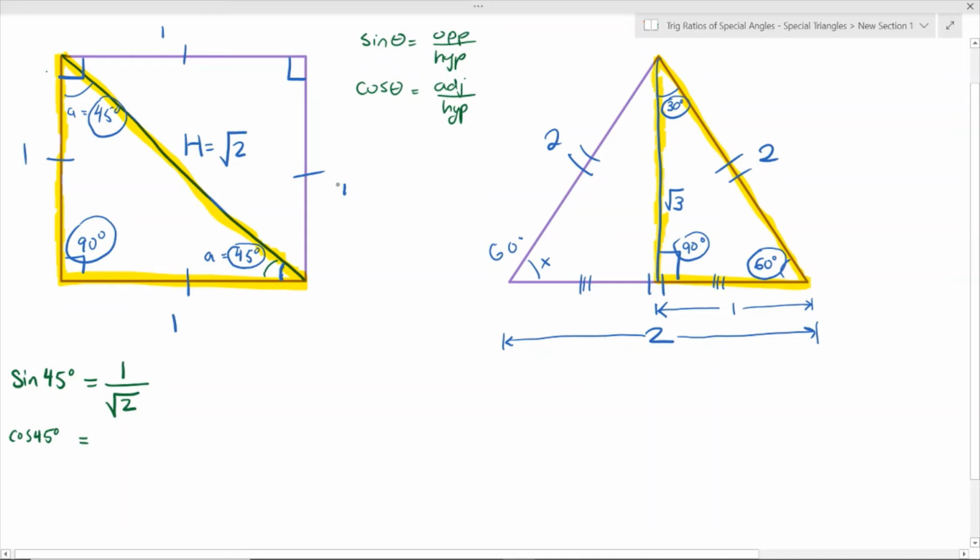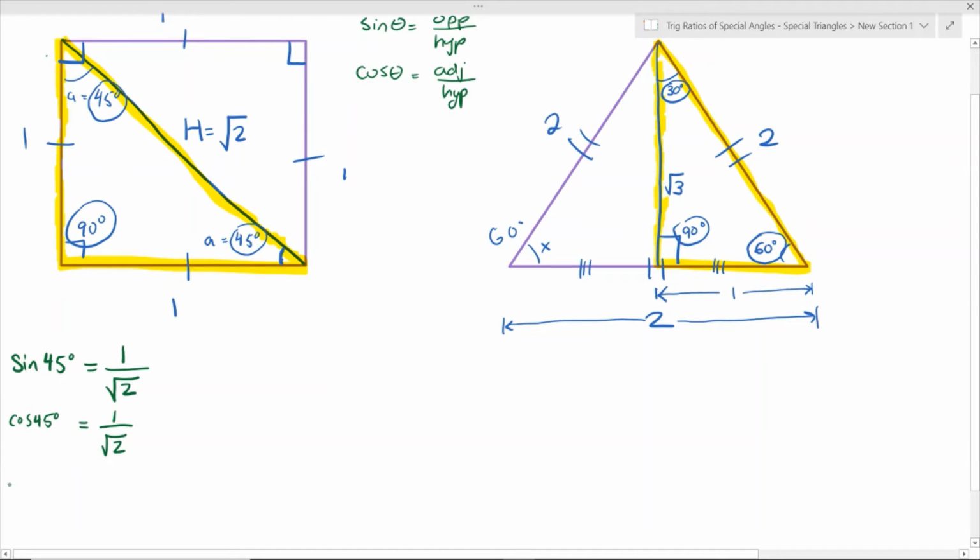And we look for the adjacent side. This angle is right beside this side, okay? So adjacent is 1, and then hypotenuse is square root of 2, right? As shown in this yellow triangle. So this longest side is square root of 2. So thus we have cosine 45 degrees to be 1 over square root of 2.